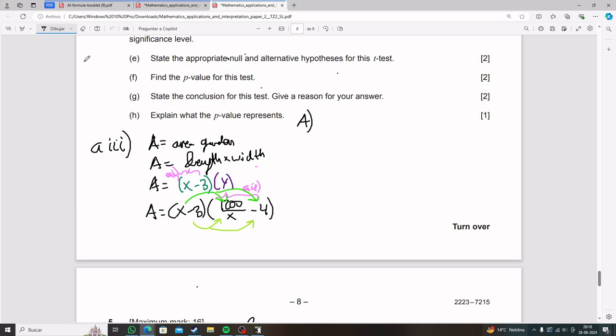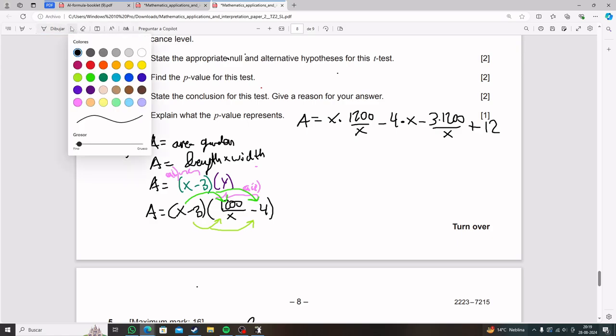But what you end up with is that big A equals, well, this first multiplication is going to be x times 1,200 divided by x, minus 4 times x, and then down here you end up with minus 3 times 1,200 divided by x, so negative 3 times negative 4, you immediately end up with plus 12.